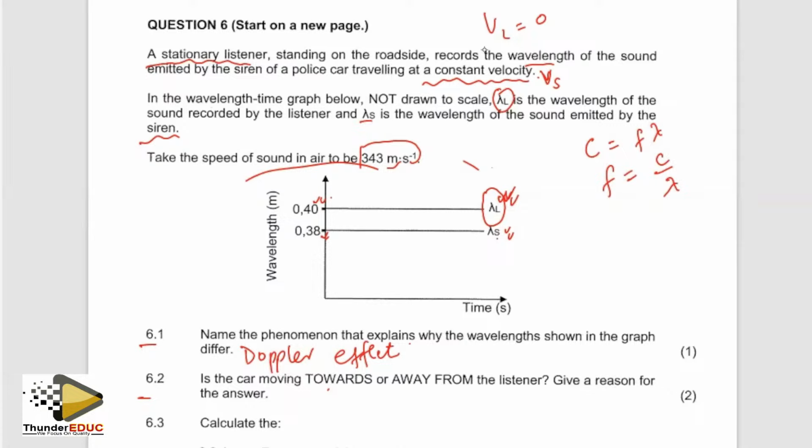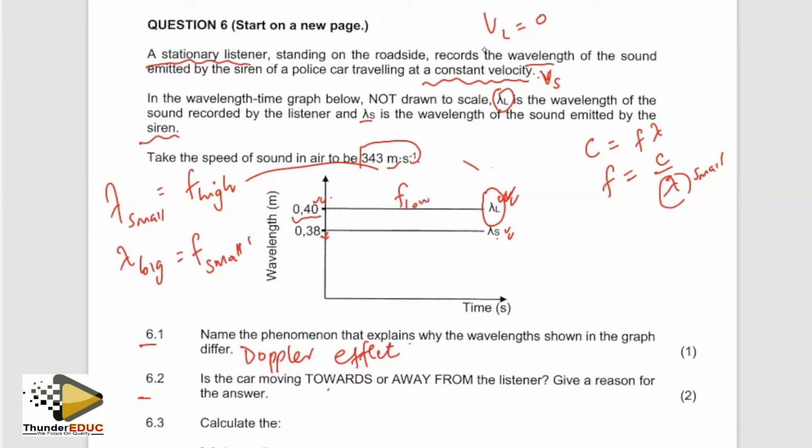So if lambda is small, then the frequency is going to be high. And if lambda is big, then the frequency is going to be small. So in this case, since the wavelength here is big, the frequency that the listener gets is low.